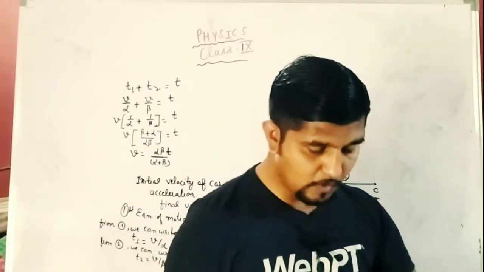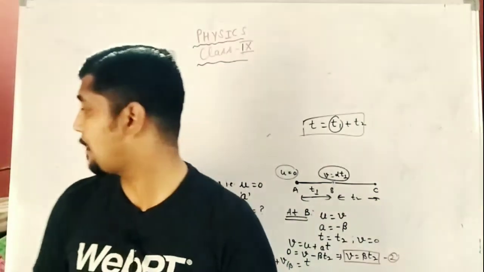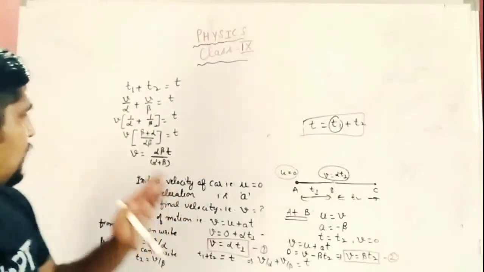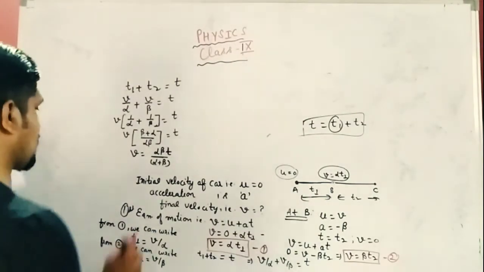So maximum velocity is how much? Alpha beta T divided by alpha plus beta. So alpha beta T divided by alpha plus beta will be the maximum velocity of the car.